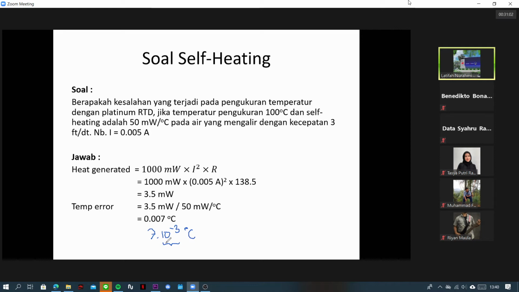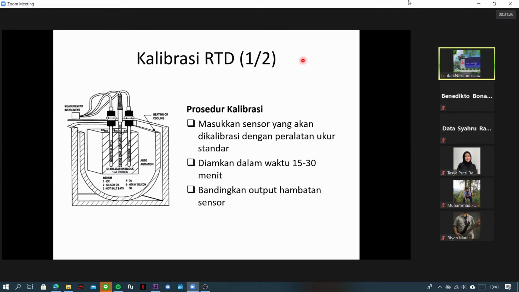Is it too big? Is it too small? Well, it really depends on the RTD that we are using. What is the accuracy of the RTD that we are using? The calibration is also one of the topics that I have given in the previous meetings.